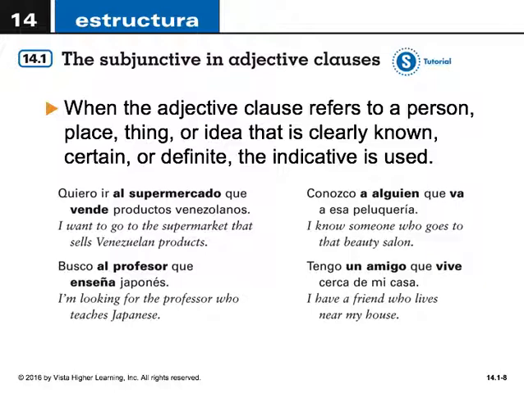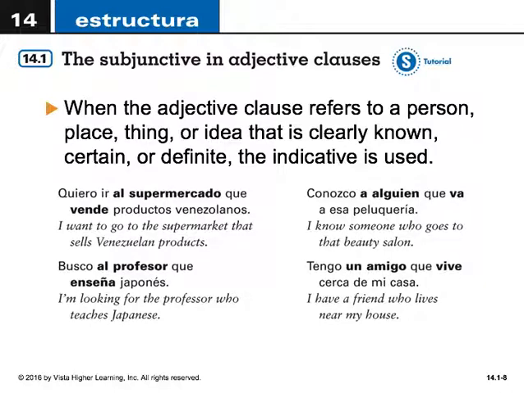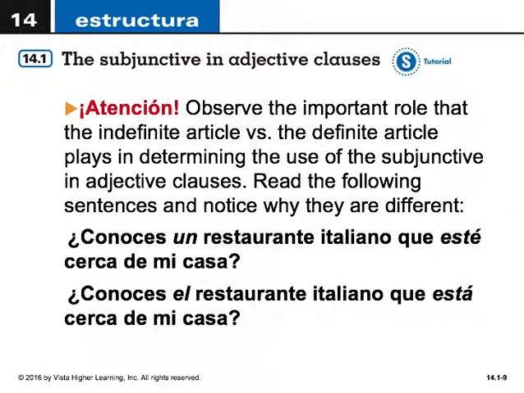I'm looking for the Japanese professor. I know that he teaches Japanese and that he's there. I'm looking for him, you know? Versus, if these clauses were to have the subjunctive mood, they would suggest that you really aren't sure or you're speculative about the existence of these things.